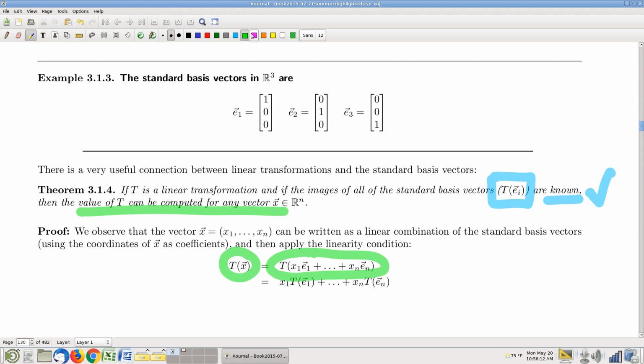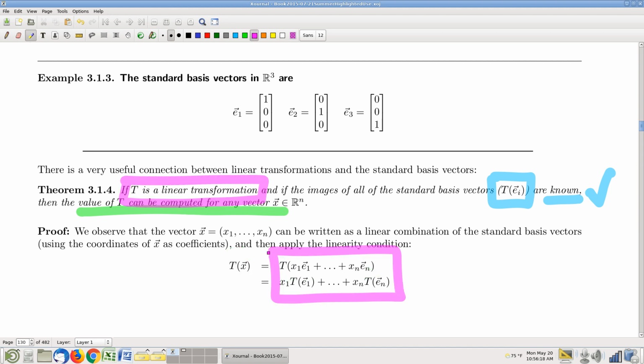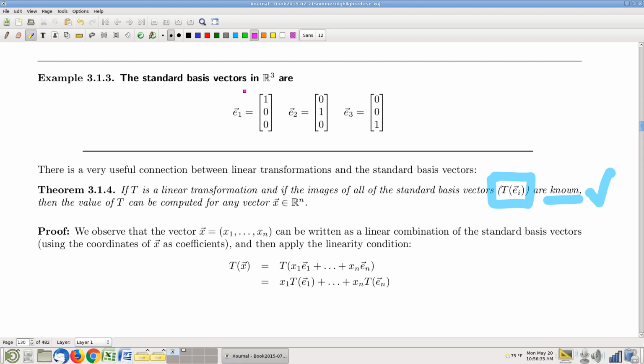Then I cite linearity. That's linearity. Linear combination in, linear combination out. And we're kind of done here because this vector x that we're trying to compute T of, I know its coordinates.